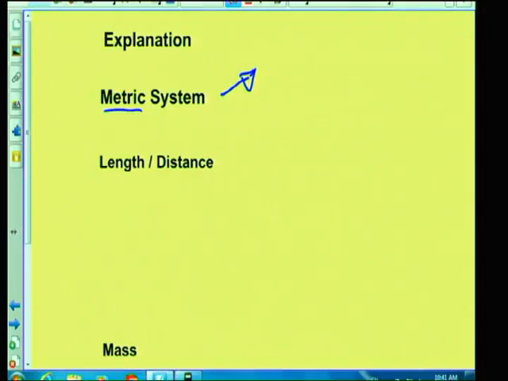Metric basically comes from a French system where, because we count and we have our number system in units of 10, that's the decimal system. And everybody likes to multiply by 10.